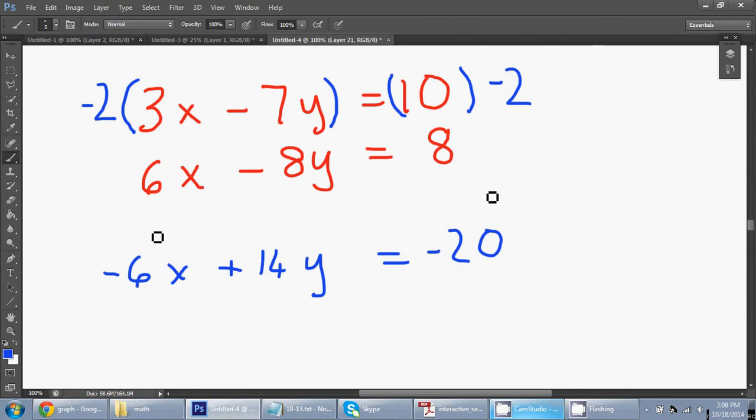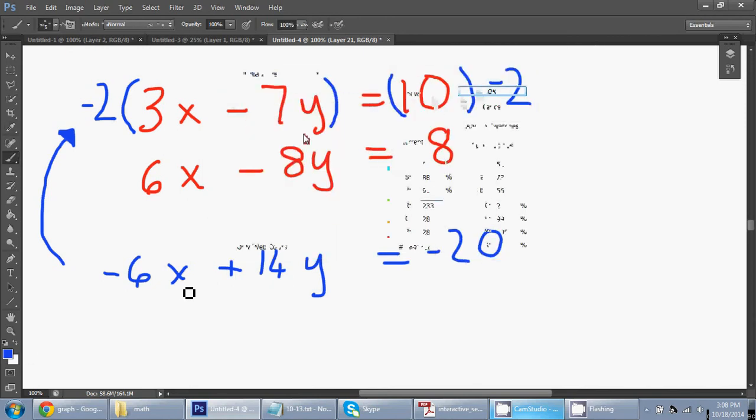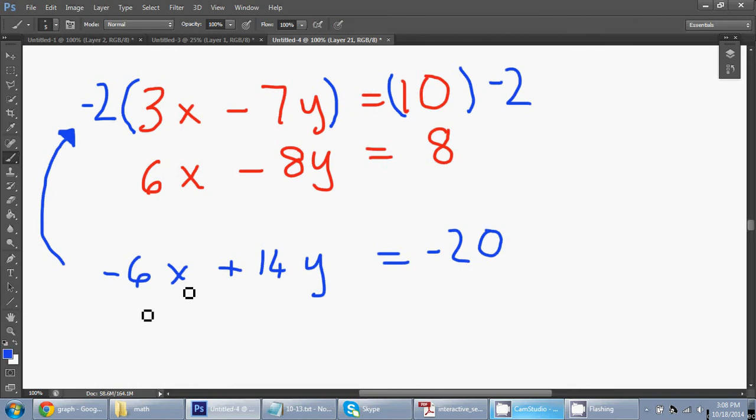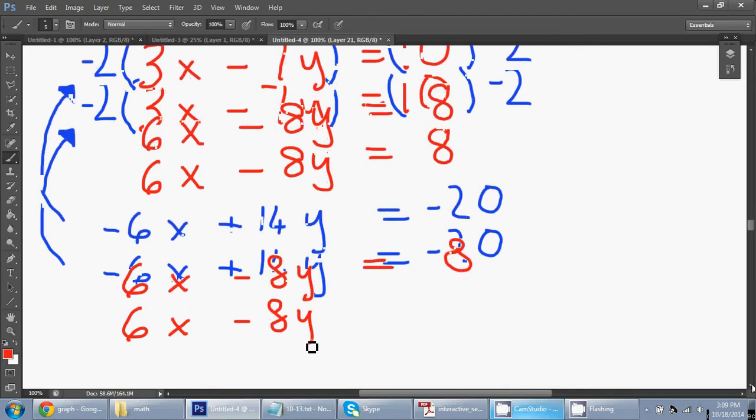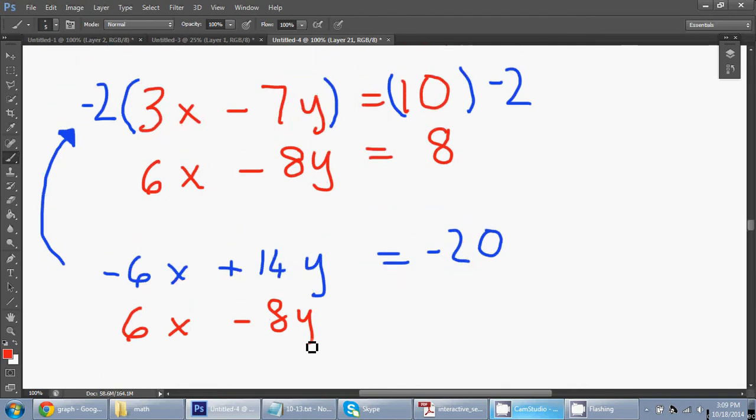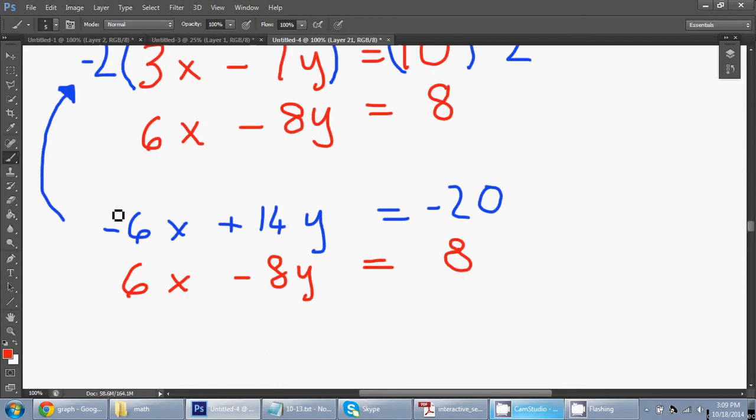And so why did I do that? Why did I just multiply both sides by negative 2? Well, if you look at the second equation in this set of equations, the second equation is actually 6x minus 8y is equal to 8. The second equation has a 6x in it. It has a positive 6x. And so in the elimination method, you want to multiply one of the equations by a number so that you get the same exact coefficient in front of one of the variables.